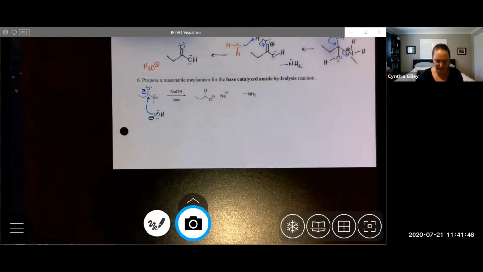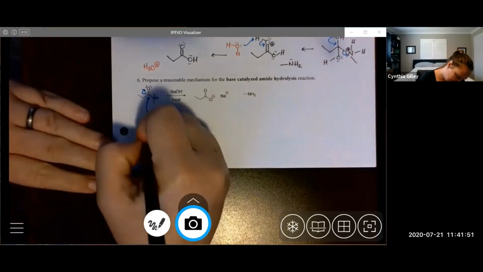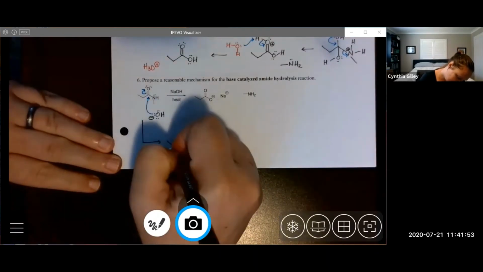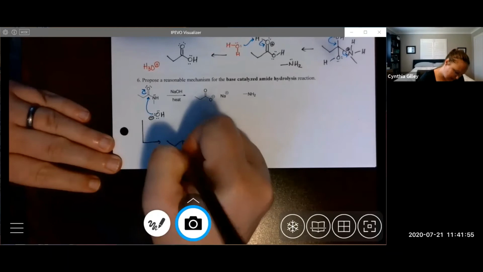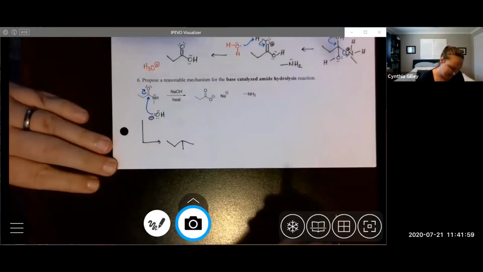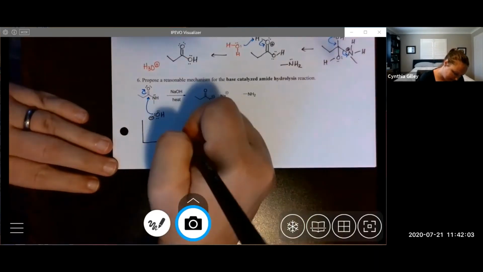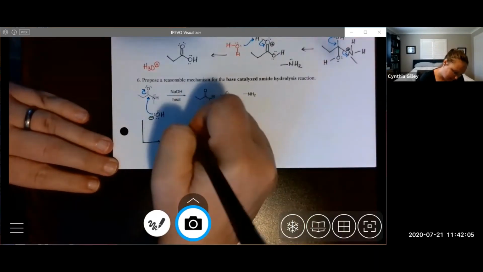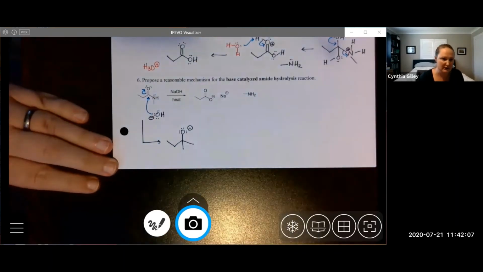Okay, so we will show that nucleophilic attack. By the way, you need heat in the acidic mechanism above too. It doesn't say heat, but you need to heat it because amides are not very reactive, so it helps overcome a larger activation energy barrier.